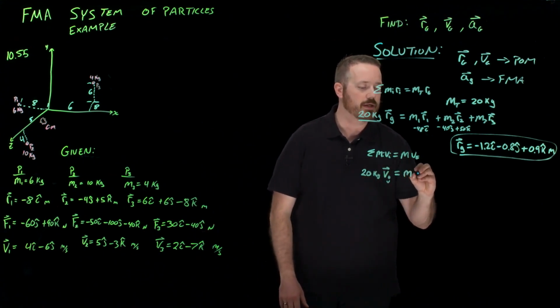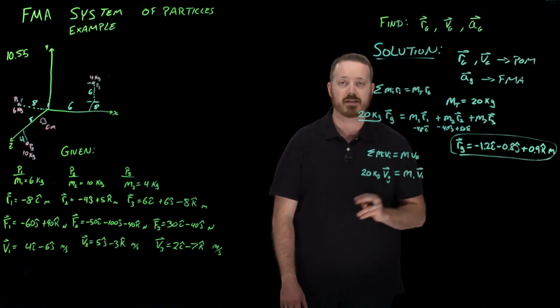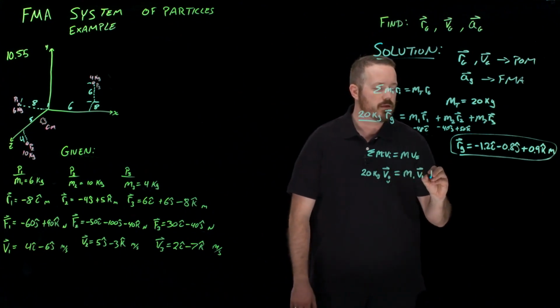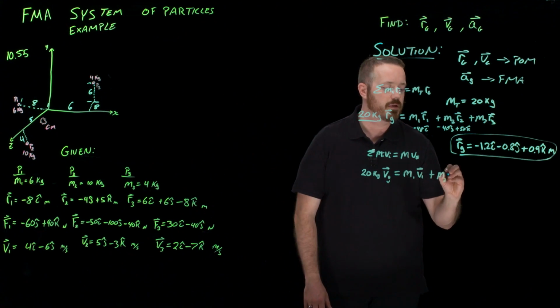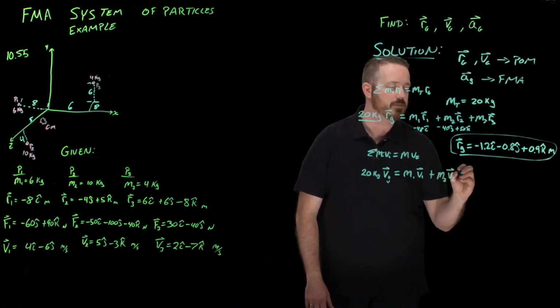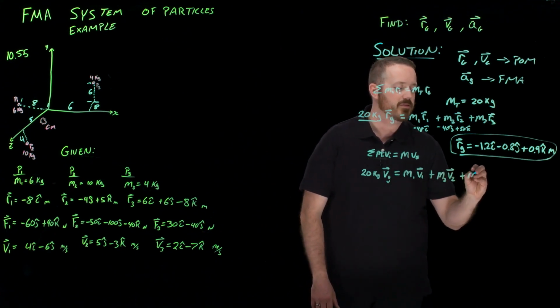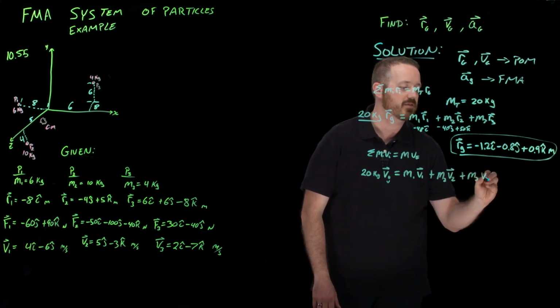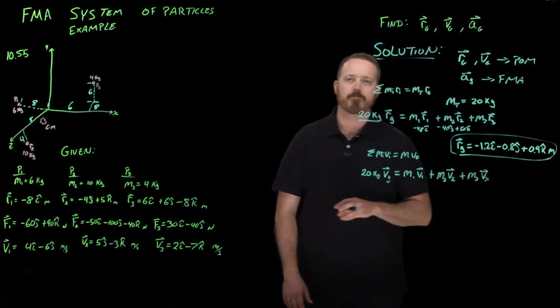So the mass of 1 times the velocity vector of 1, plus the mass of 2 times the velocity vector of 2, and the mass of 3 times the velocity vector of 3.